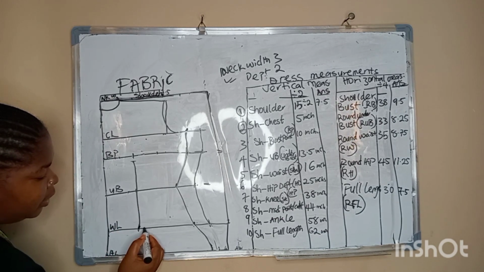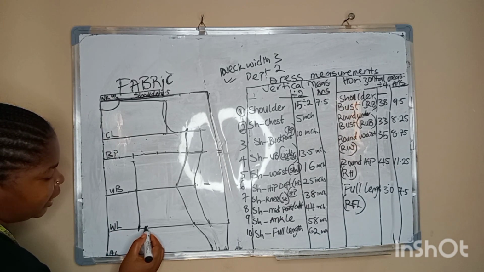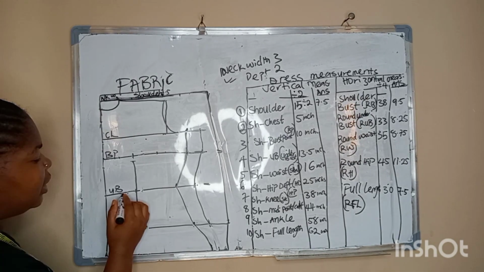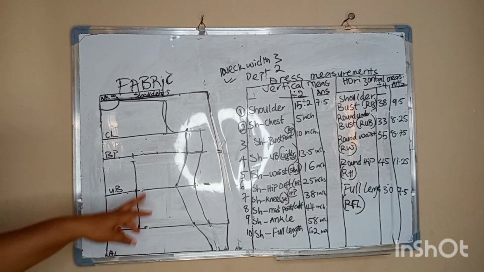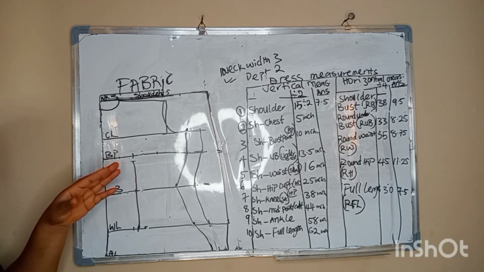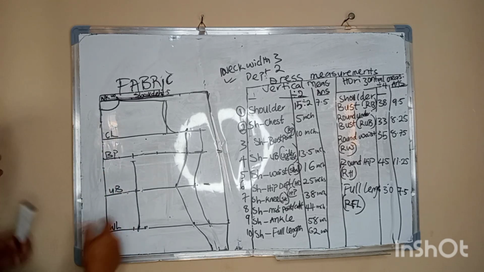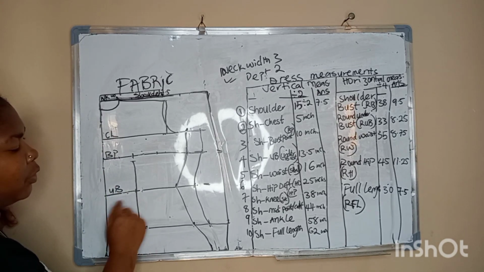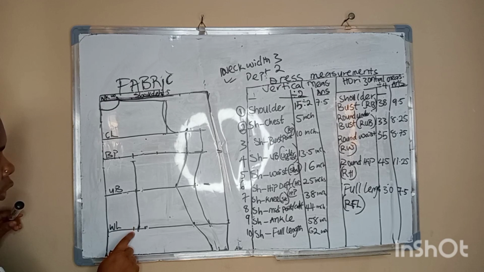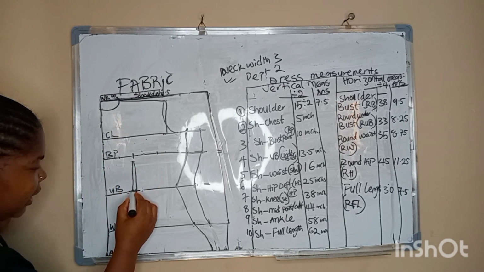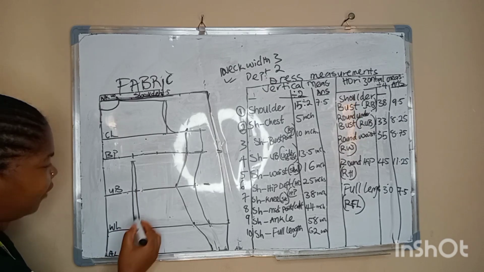Come here, mark half an inch to the right, half an inch to the left. When you are making a bustier dress or a princess dart bustier you mark differently, but because this is just a regular dart, you don't need to mark anything on your underbust. When you're done marking your waistline, just connect it with a slant line like so to your half inch here.